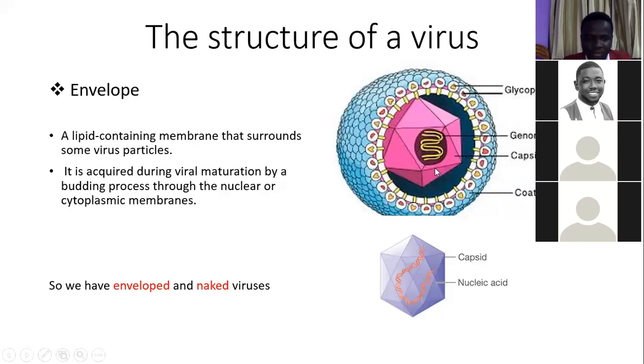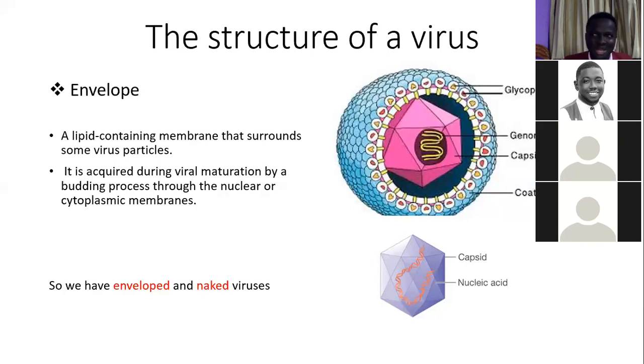So let's just focus. We also have naked viruses. Those that do not have the envelope are called naked viruses, and those that have the envelope are called enveloped viruses.